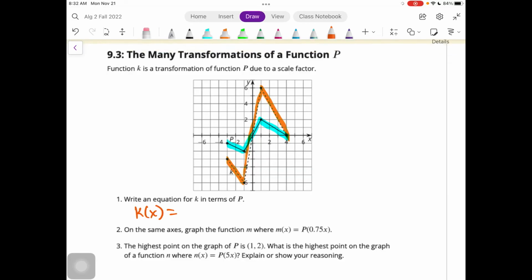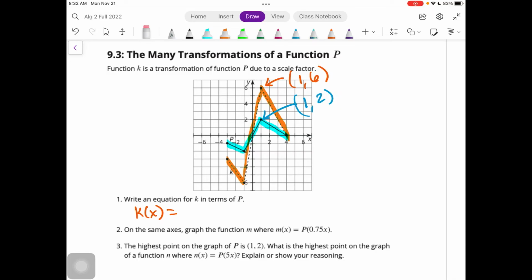And what kind of stretching do we see? We don't see horizontal stretching. We see the output changing. So we're multiplying the output by something, not the input. Some of these values don't really change, but we do have this value, 0.12, where its corresponding point is 0.16. You can see that it was multiplied by 3.